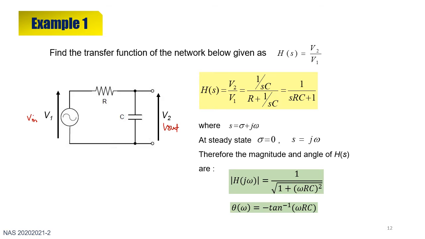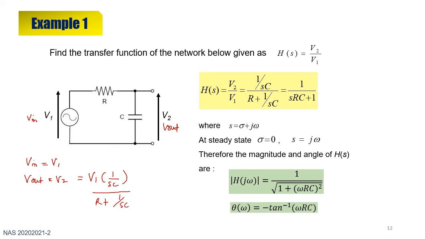So we know that in this case V in equals V1 and V out equals V2, in which V2 we can get from a voltage divider, equal to V1 multiplied by 1 over SC divided by the total impedance R plus 1 over SC.